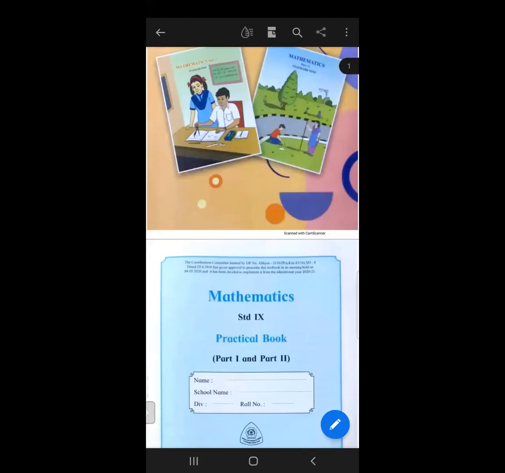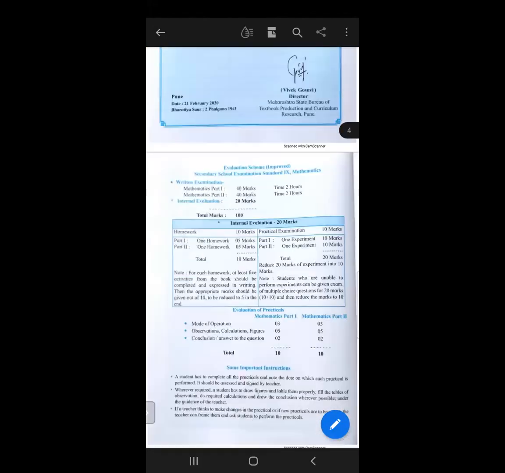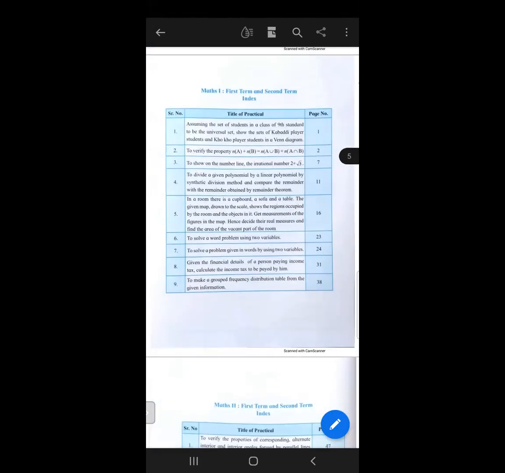So yesterday we started with this first practical, that is, assuming the set of students in a class of standard 9 to be the universal set, show the sets of kabaddi player students and kho-kho player students in a Venn diagram. We have completed that practical.